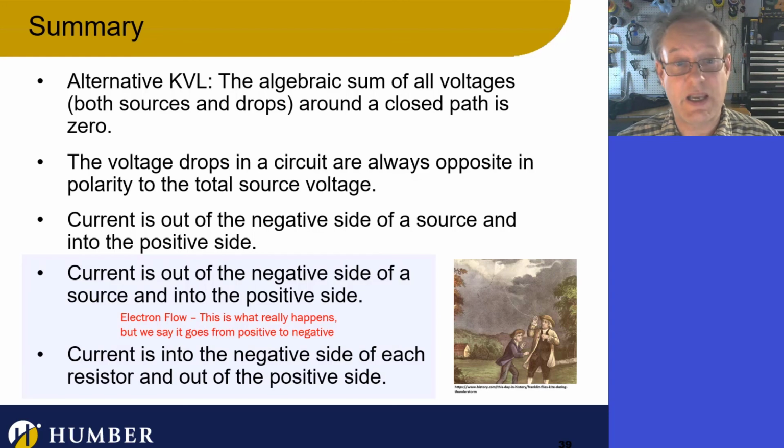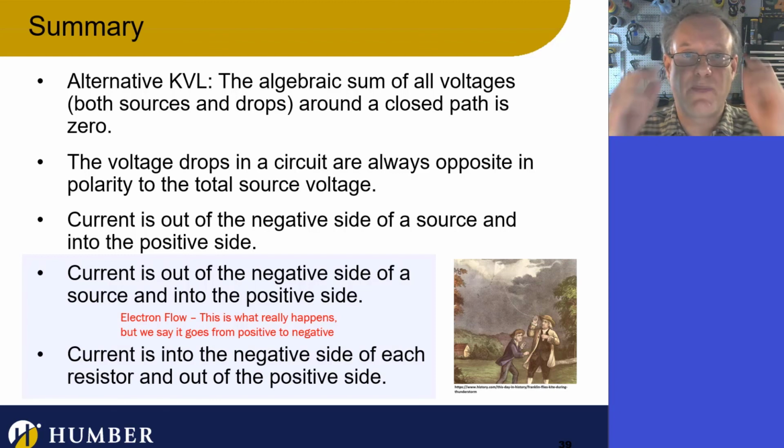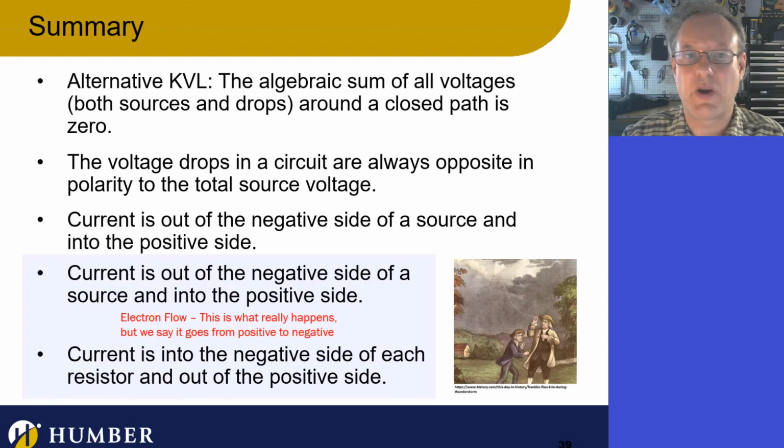The voltage drops in a circuit are always opposed in polarity to the total source voltage. It's kind of important because essentially what's going on is that a voltage drop across a resistor is a voltage drop. So it's subtracting voltage.